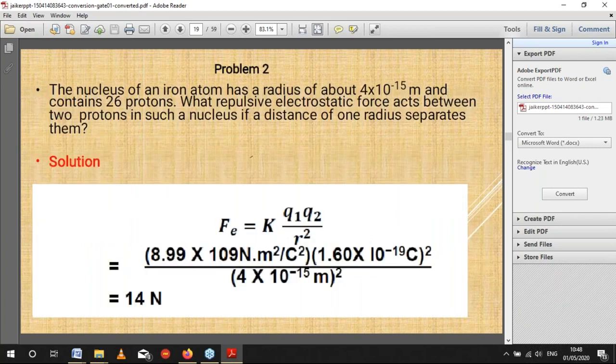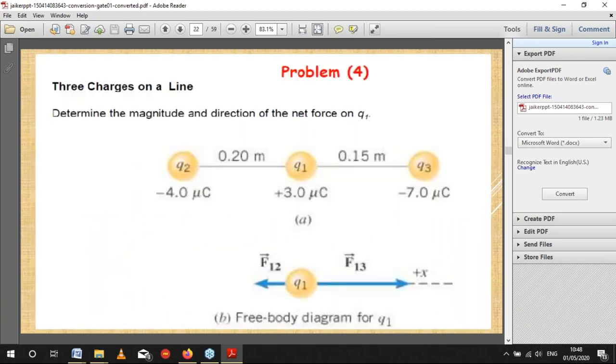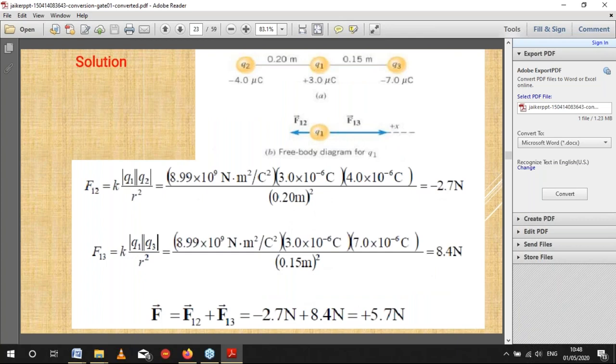Now we've gotten that, and to find the net force on Q1, if you see the diagram on slide 24, the formula we use is F equals F subscript 12 sine theta plus F subscript 13 cos theta for the angle.